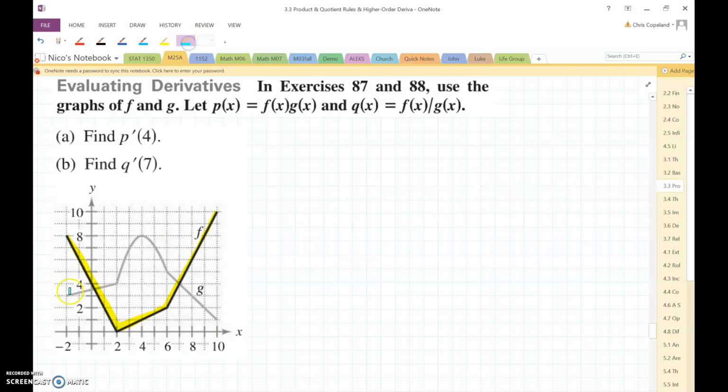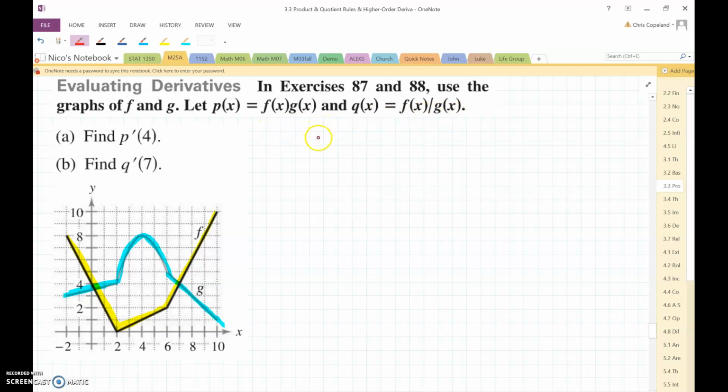And then we've got the graph g right here. And we're going to let p of x equal f of x times g of x. And we'll let q of x equal f of x divided by g of x.